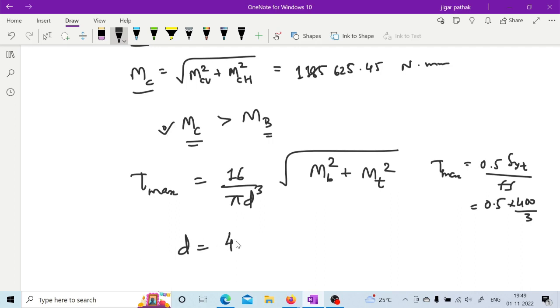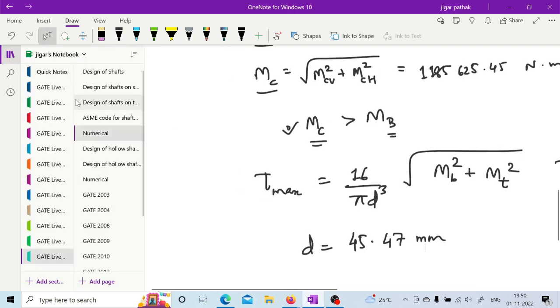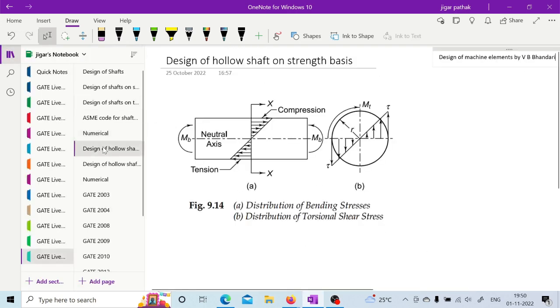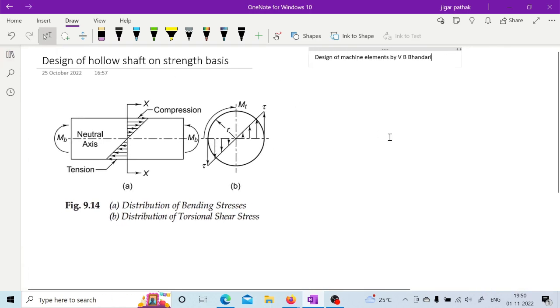Okay, anyone else? Almost the same. Okay, so this is how you can calculate your shaft diameter when you are considering the design of a solid shaft based on strength.